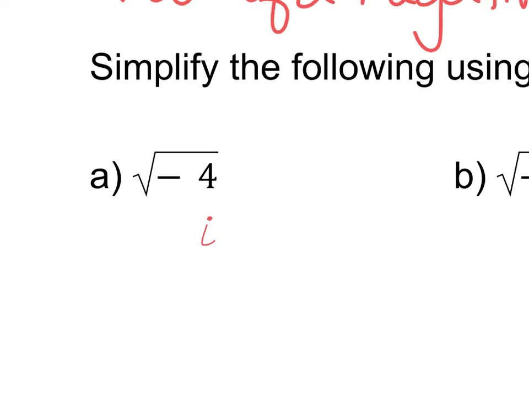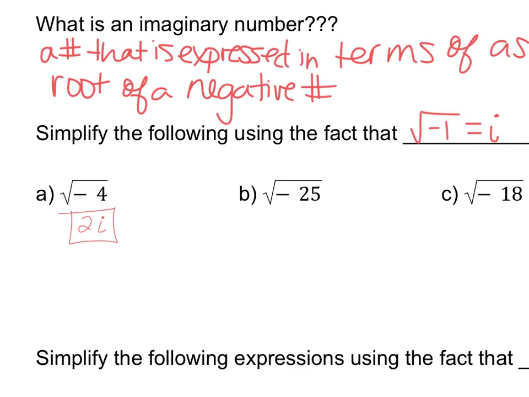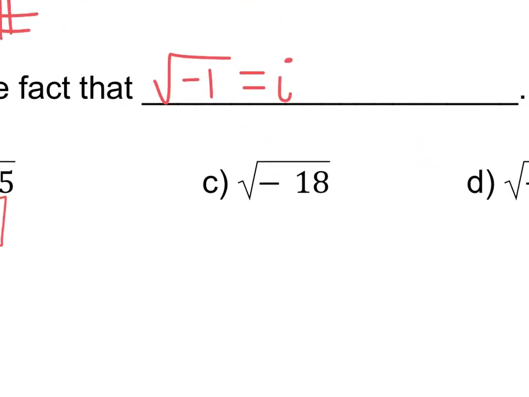And then what is the square root of 4? Well, that's just 2. So this answer is 2i. Weird, I know. Okay, what do you think the square root of -25 will be? Well, it would be 5i. That's it.